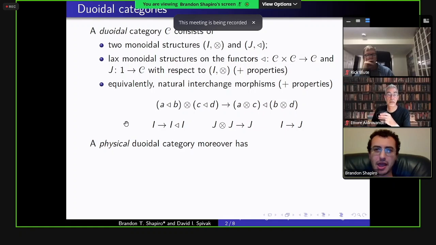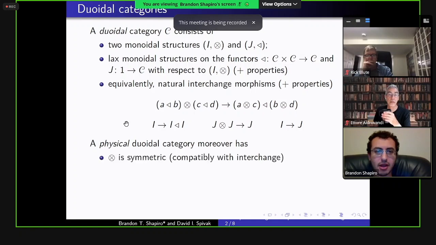And the motivation for this name comes from an example I won't really get into today, but the idea is to think of tensor as putting two things next to each other in space, and tri putting things next to each other in time, where there's a causal dependency between them that's not there in the space case.